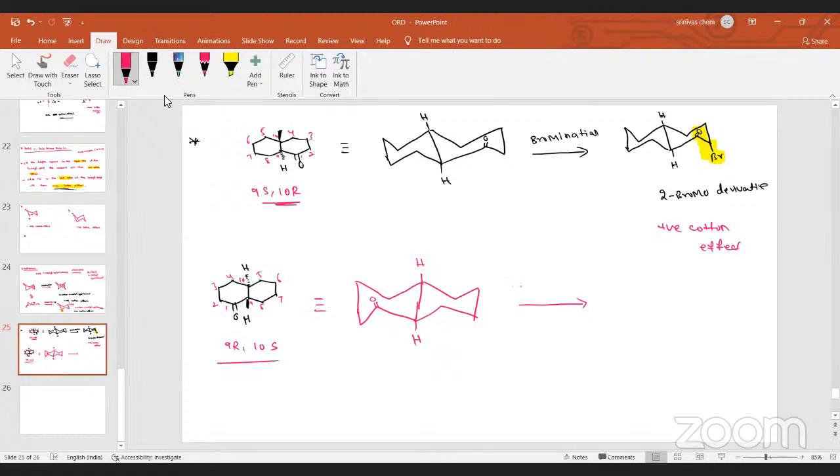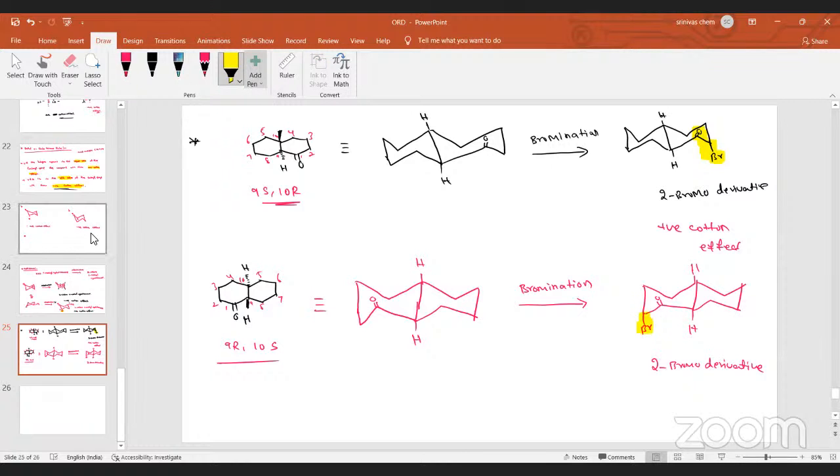This decalone upon bromination can form the 2-bromo derivative, with hydrogen, the ketone carbon, and here the bromine. Which effect does this 2-bromo derivative show?